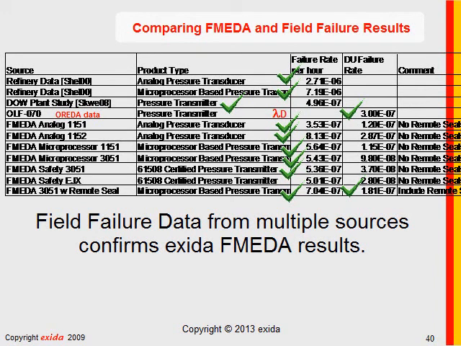Take a look at the dangerous undetected failure rates in this chart. The lowest ones are the certified pressure transmitters: 2.8, 3.7 times 10 to the minus 8. Now, why is that? That's because automatic diagnostics detect many of these failures and send the current to an out-of-range signal.